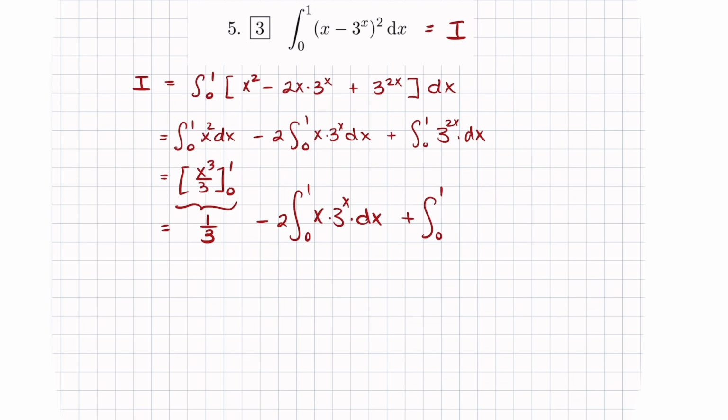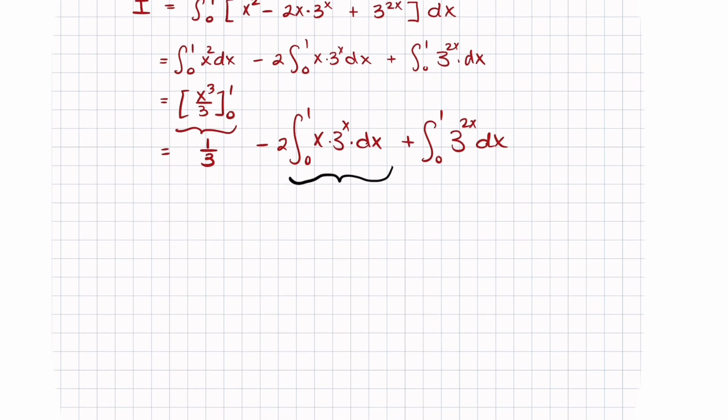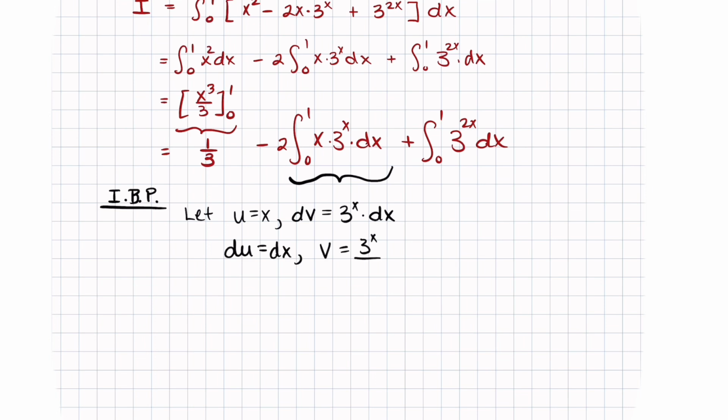Pulling a constant of 2 out of that second integral, we'll work on that one next, the integral of x times 3 to the x from 0 to 1. So we're going to do this one by integration by parts. We'll let u equal x and dv equal 3 to the x dx. This will give us a v of 3 to the x over log 3.